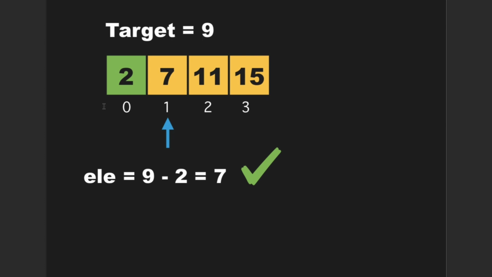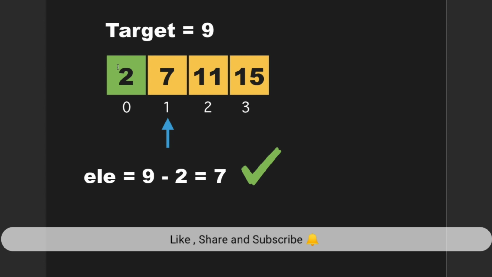First, we need to traverse the array one by one, and at each traversal, we need to find the complementary element for the element which we are traversing. For example, while we are traversing 2, the complementary element of 2 is found as follows.